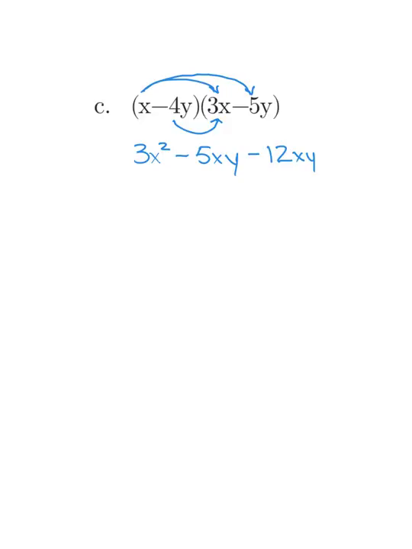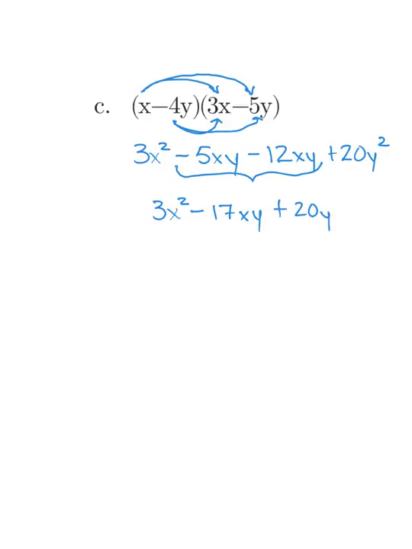I can rearrange this in any order that I want. And then our lasts, we get plus 20y squared. From there, we combine our like terms. Again, note that the middle terms are the only ones that can be combined here. So we get 3x squared, negative 5 and negative 12 combine to give me negative 17xy plus 20y squared.